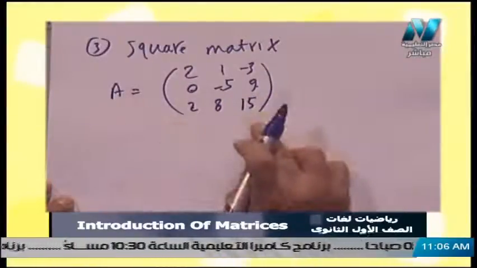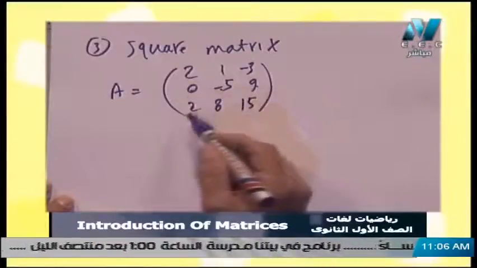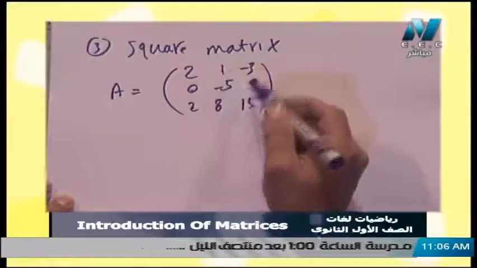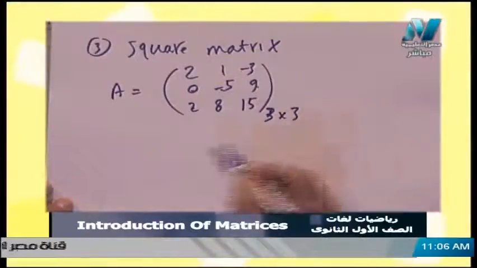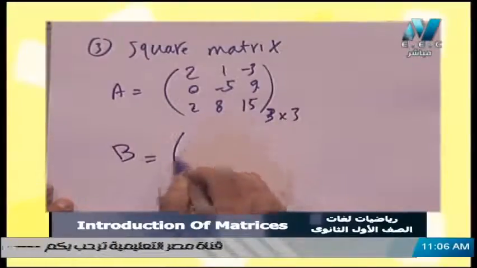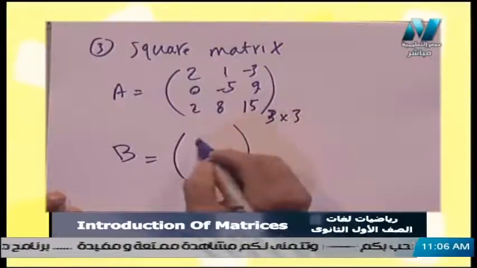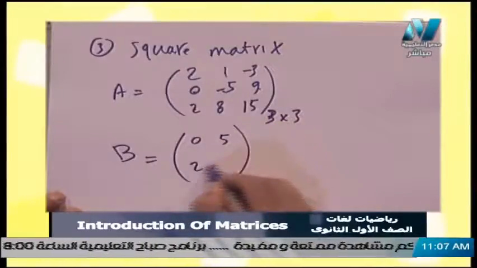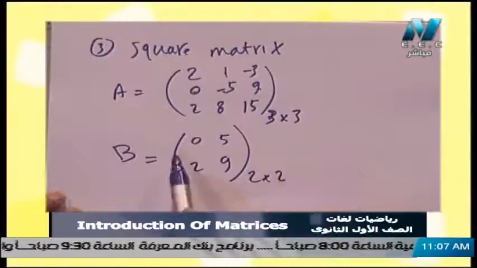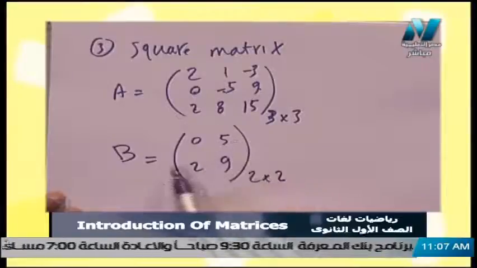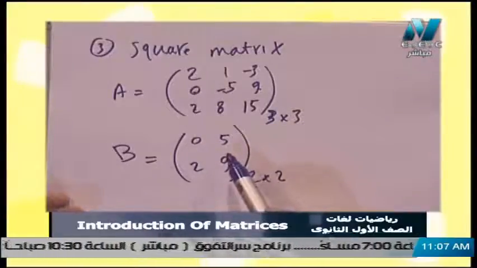So it's a square matrix. Why is it a square matrix? Because the number of rows equals the number of columns. So it's a 3 by 3 order. We have also another square matrix like that. We can say 0, 5, 2, 9. It's a 2 by 2 matrix. Why 2 by 2? Because we have only 2 rows and 2 columns.